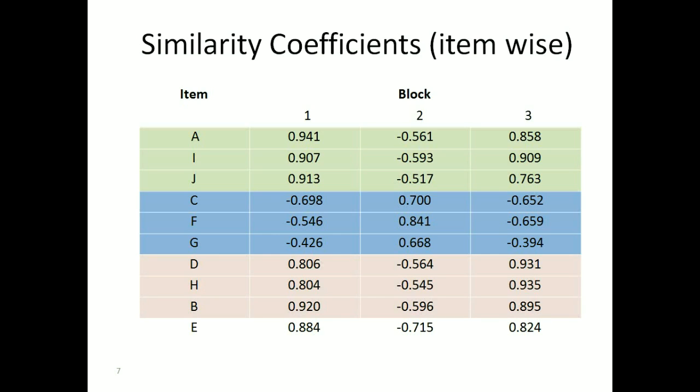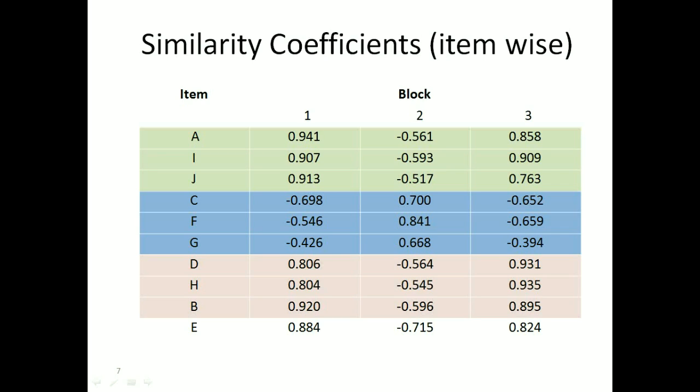Now, I used Steenbergen's similarity coefficients here to show what happens if we assume that there are 3 main factors or traits behind the items. I've kept the same color scheme here to show how the items hang together in their own block and how they relate to other blocks.